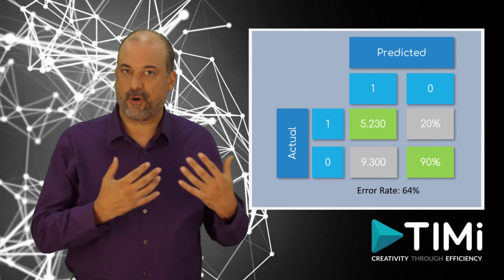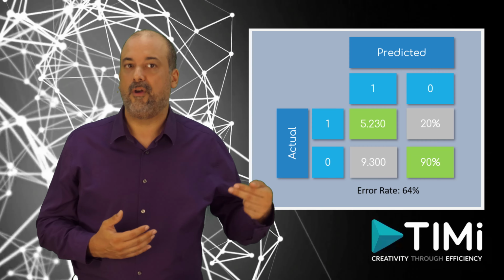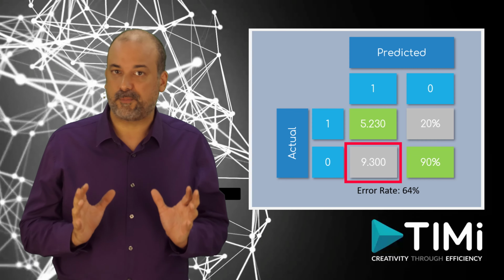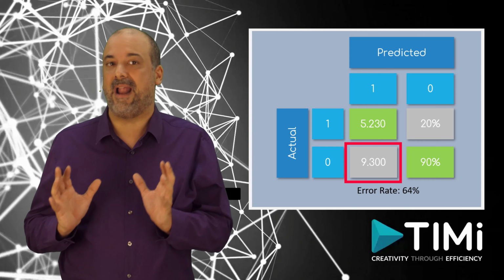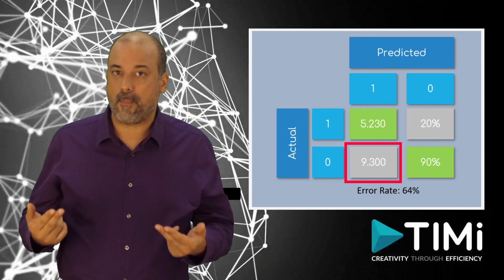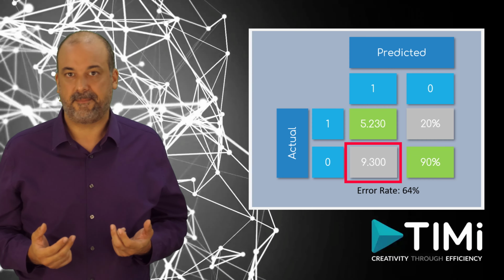In most situations, we will have a very unbalanced data set, as I mentioned. That is a data set in which the negative cases heavily outnumber the positive cases. Here, our 10% of false positive actually amount to over 9,000 cases. While we thought our model would be 85% accurate, we see that we have an error rate of around 64%.